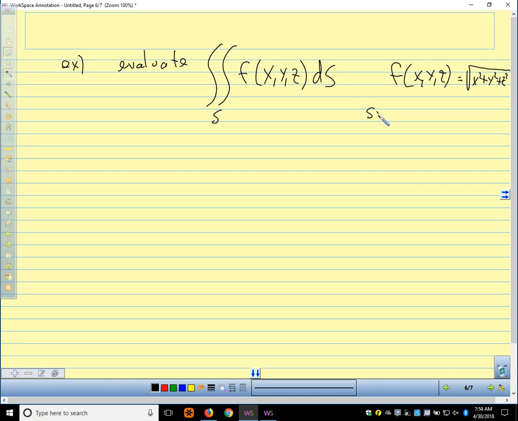And our surface is z equals the square root of x squared plus y squared, where x minus 1 squared plus y squared is less than or equal to 1. All right, so let's pick out our pieces of information. What is our surface?